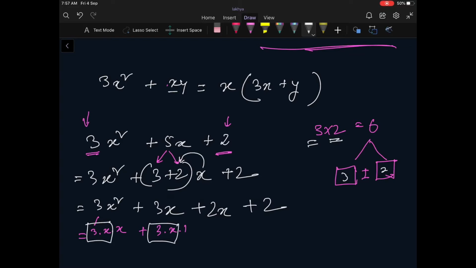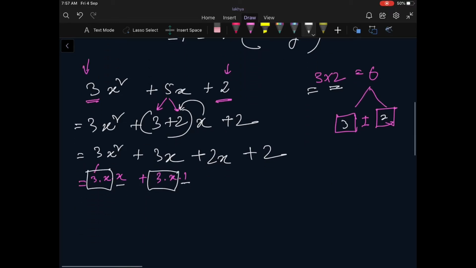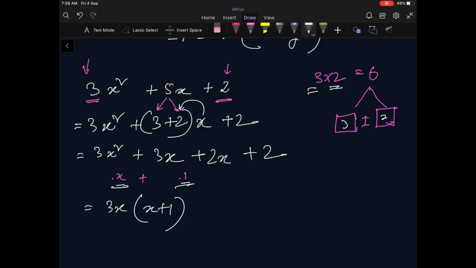On taking 3x, what are the remaining terms? x plus 1. So let me clean the terms which are taken common. Now we have got x plus 1.